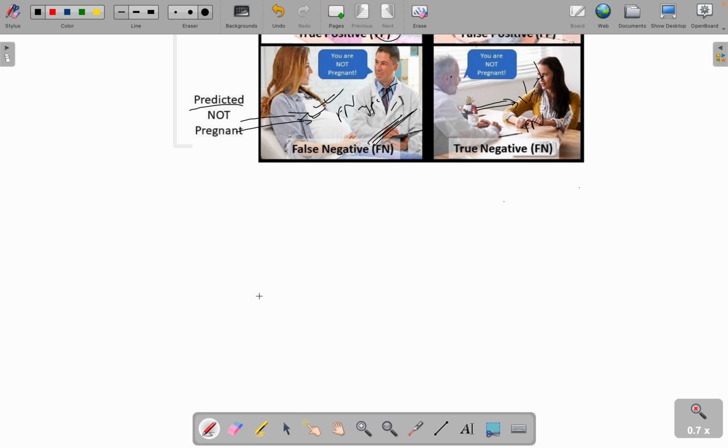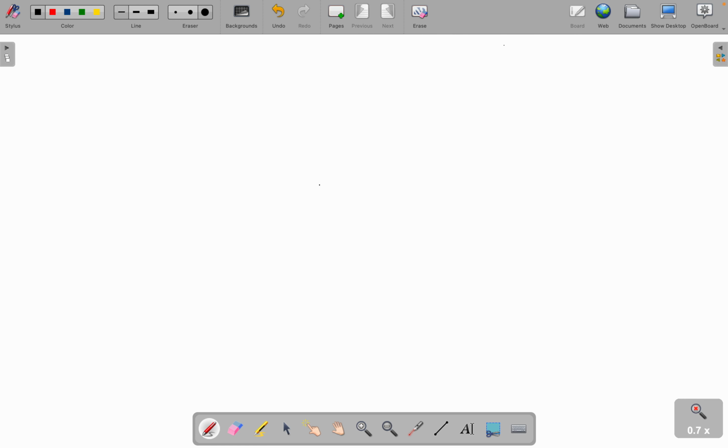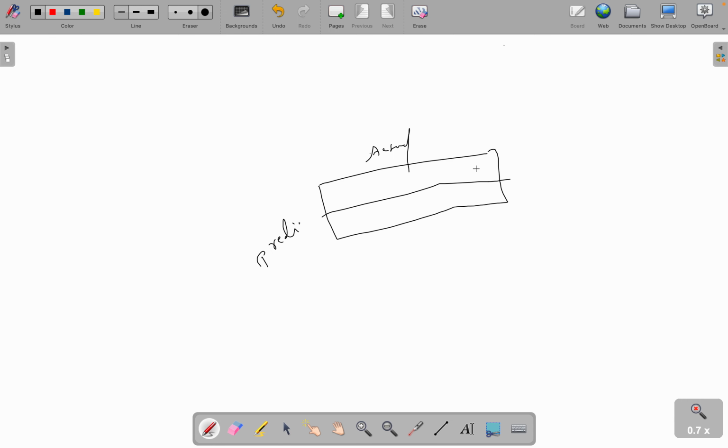If you draw a confusion matrix, you can draw it like this. Here are your actual values, and this is predicted values. Suppose this is positive, this is negative, and this is positive, this is negative. This is true positive, this is false positive, this is false negative, and this is true negative.